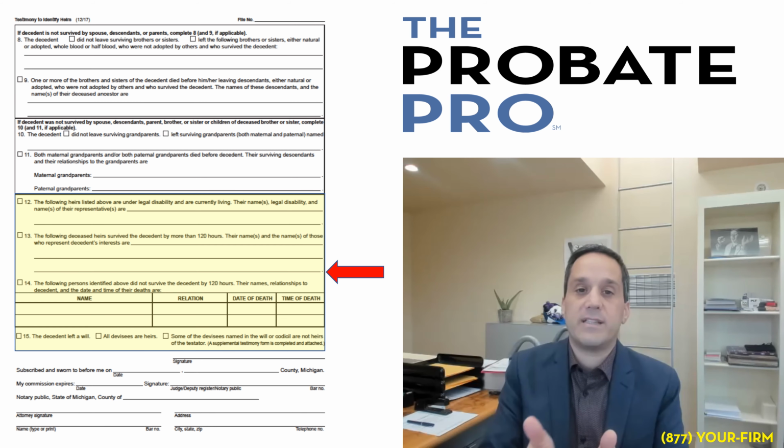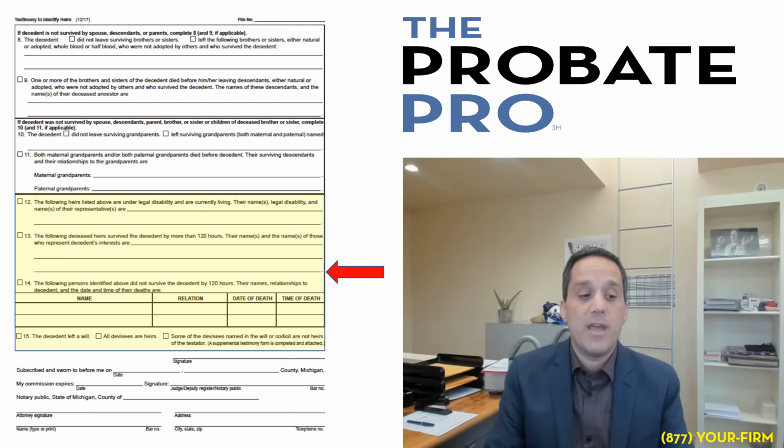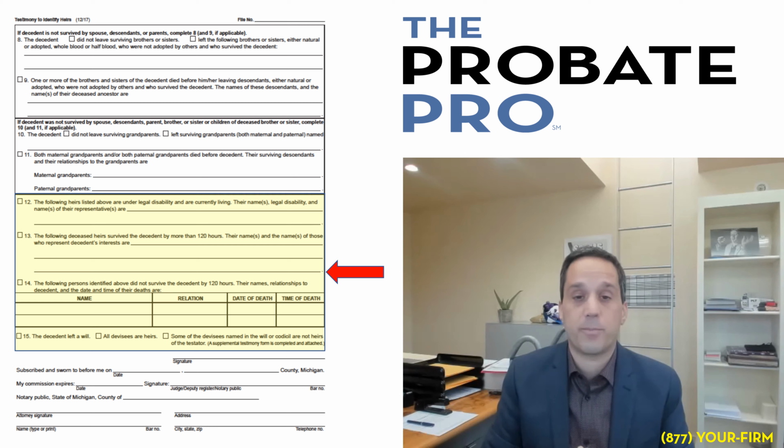Did somebody predecease or die within the 120 hours, in which case they would be deemed to be predeceased? In addition, there's a section here to identify if anyone didn't survive by 120 hours, who is their representative and their relation to the person.